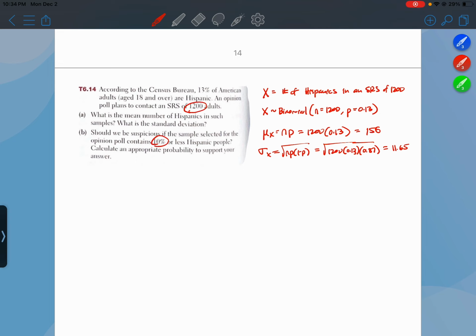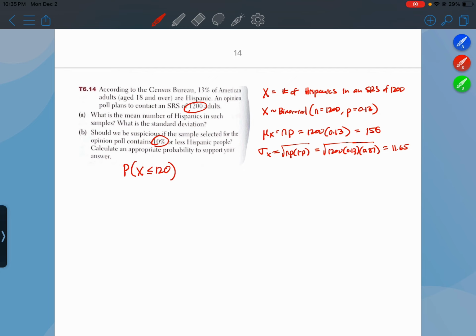So basically the question is asking, what's the probability that the number of Hispanics is less than or equal to 120? If that probability is low, then that's going to lead to some suspicion, right? It's a statistically significant result.